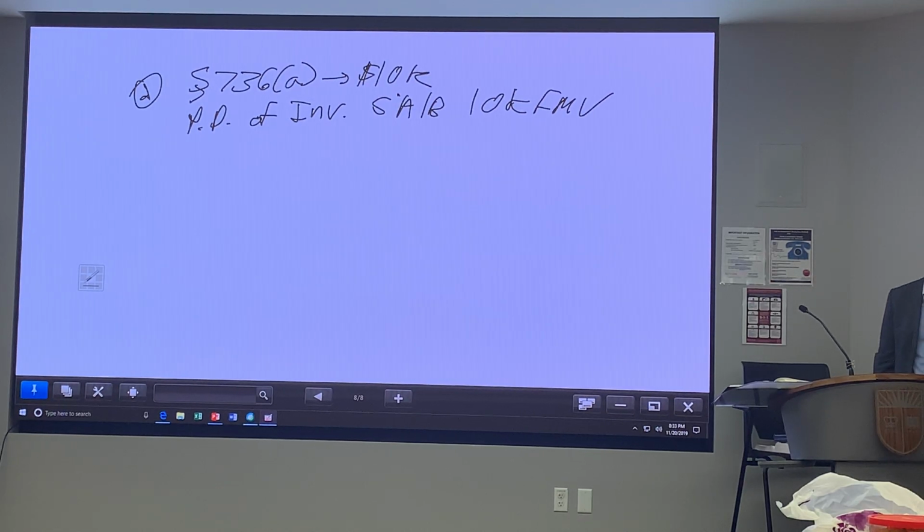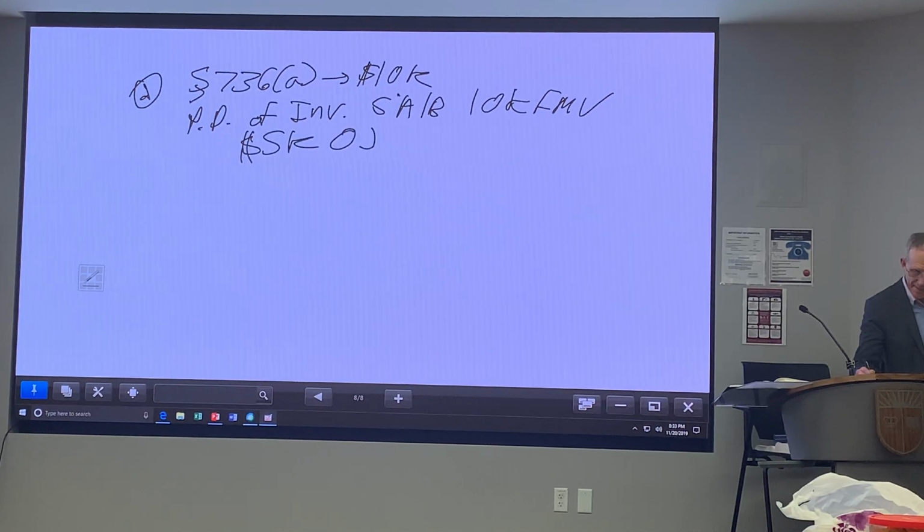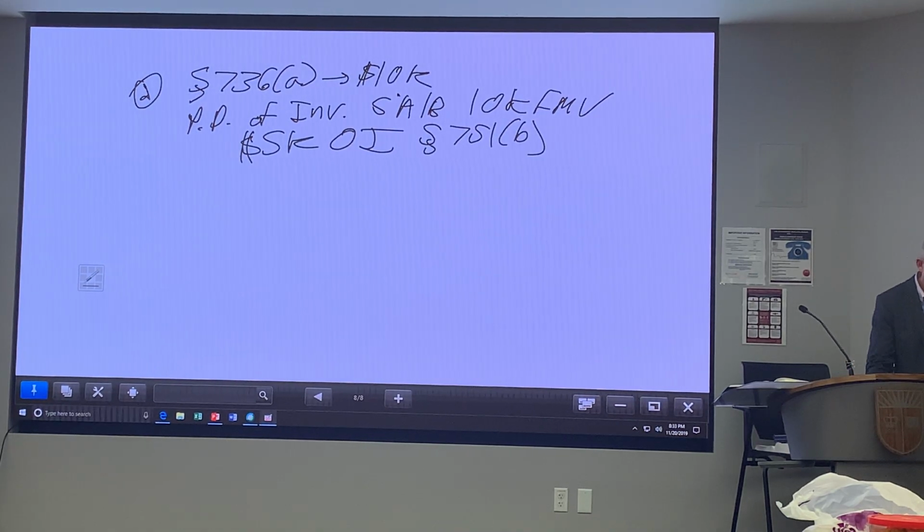All right, so what are we going to have here? The estate's going to have $5,000 of ordinary income under 751B on the constructive sale. So once again, the estate's going to receive how much cash when all the dust settles?